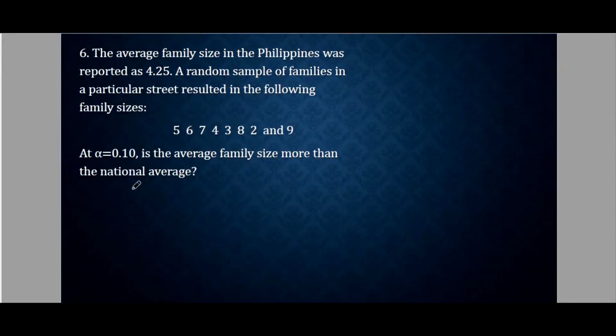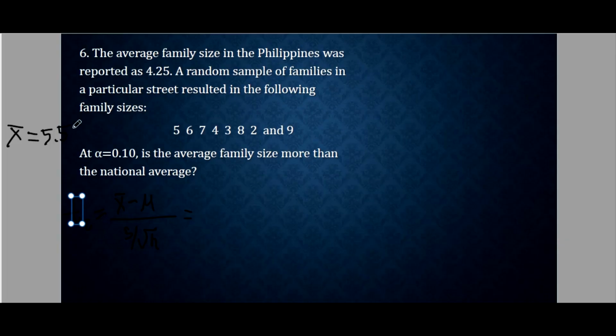Next we need to compute the t computed. T sub c is x bar minus the population mean over S divided by square root of n. You may check that x bar is equal to 5.5.